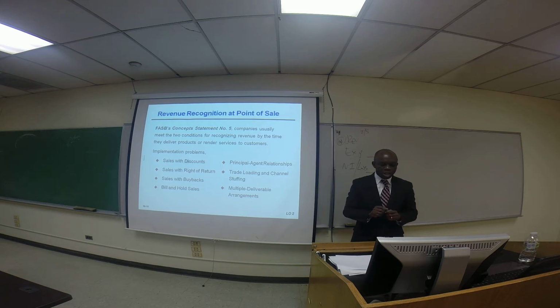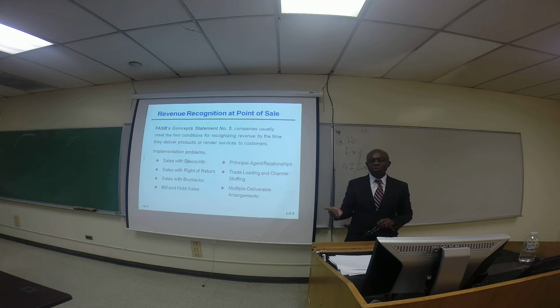Now, the issues that make the recognition a little bit complex are as follows. More often than not, like we said, revenue recognition is very straightforward. You sell goods to customers, you recognize revenue, or you perform services. Here are some issues that make the recognition a little challenging.